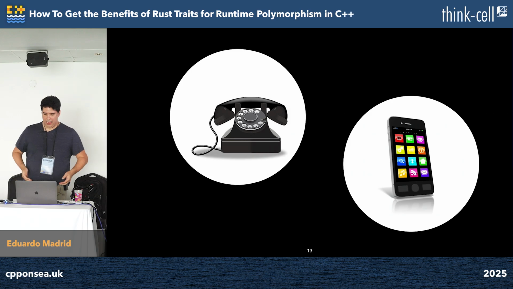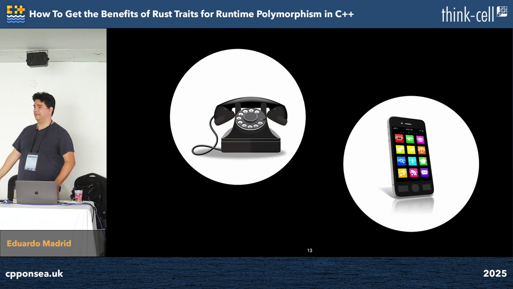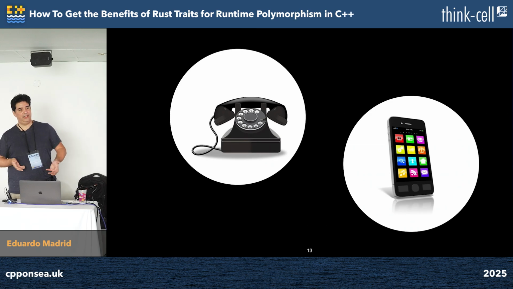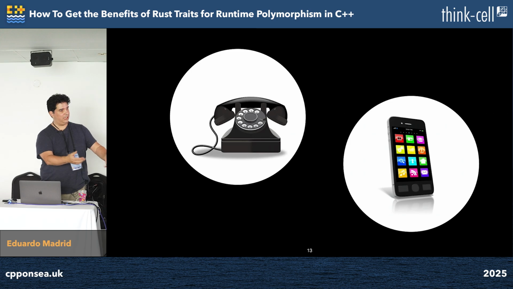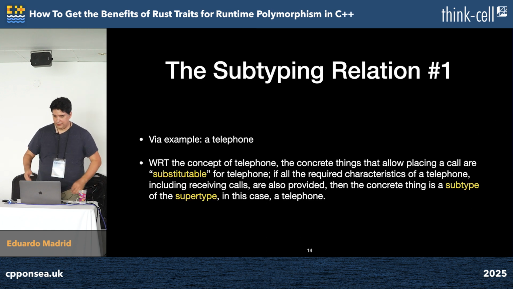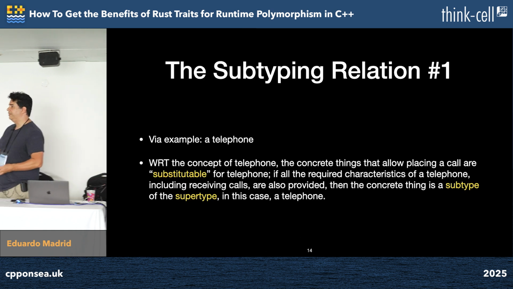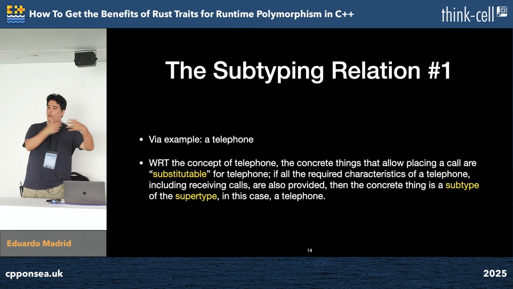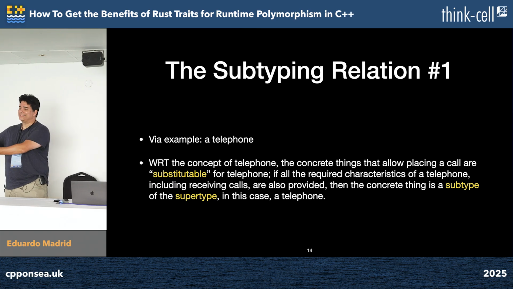However, you obviously see that a rotary telephone and a smartphone are very dissimilar kinds of things. But we can make programs that only require the essentials of a telephone, and therefore they would work just fine whether the actual object managed by the code at runtime is a rotary telephone or a smartphone. You can use either a rotary phone, a keypad phone, a wired phone, or a wireless phone.